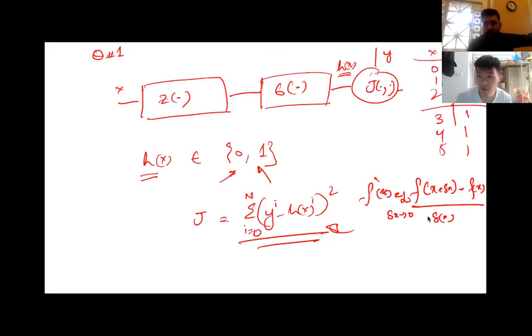But if a function is not continuous, if it is discrete like this, then you would see that the derivatives are undefined everywhere, or at least at these points. So what can we do?